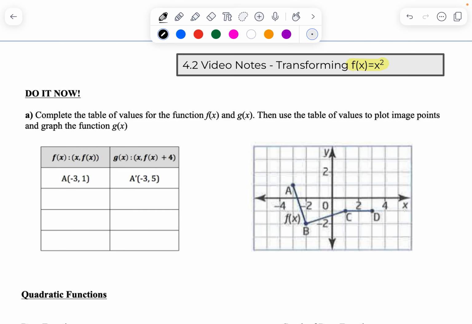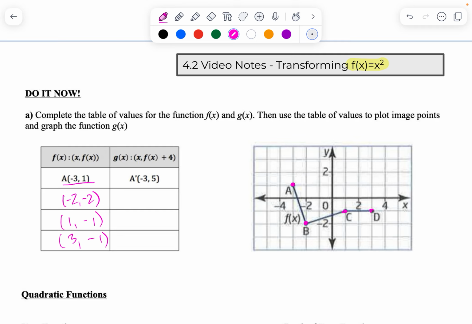Here I have this point A that's already been recorded. So let's record point B. Point B is -2, -2. Point C is 1, -1. And point D is 3, -1.